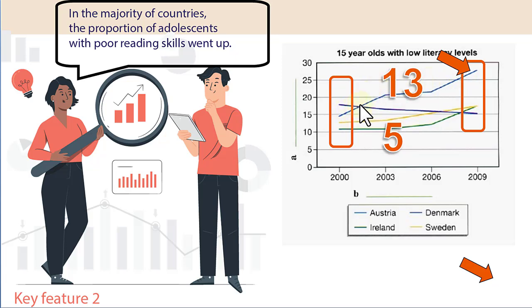This number increased from just under 15 to 27, so approximately by 13%, or in other words, it's almost doubled. While in Ireland and Sweden, the change was much less significant, let's say around 5% for Ireland, right?